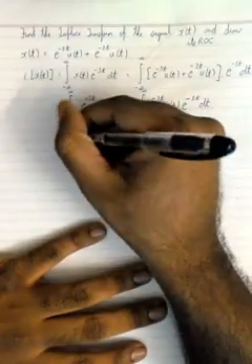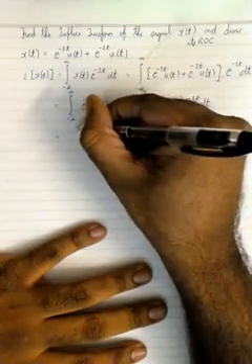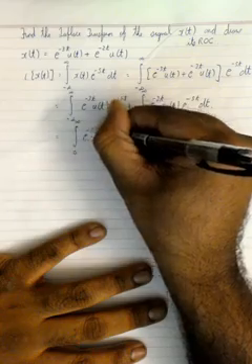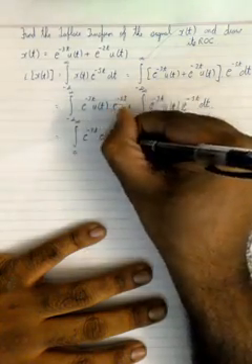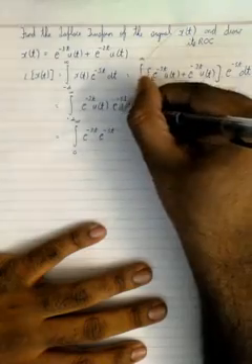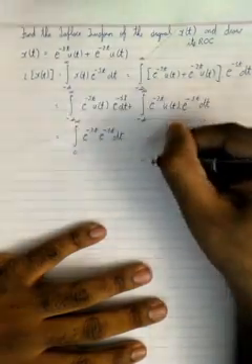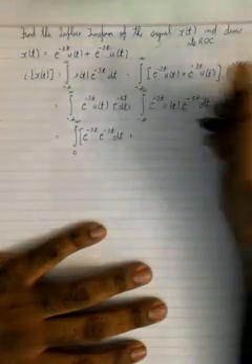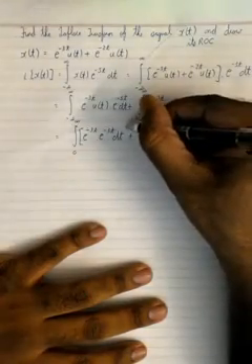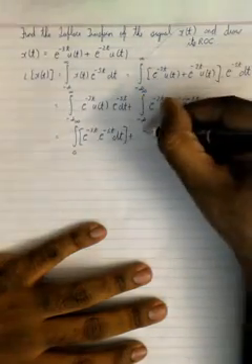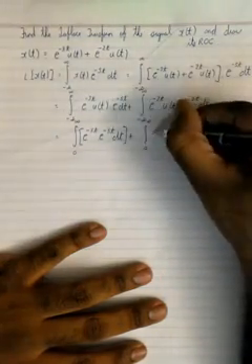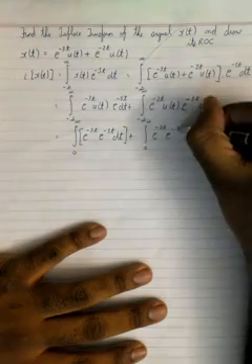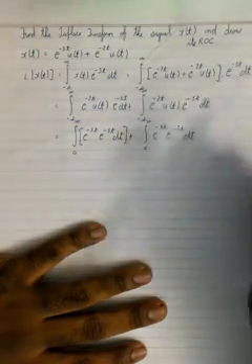So, since u of t is equal to 1 from 0 to infinity, the limits become 0 to infinity: e raised to minus 3t into 1 into e raised to minus st dt, plus the integral 0 to infinity of e raised to minus 2t into 1 into e raised to minus st dt.